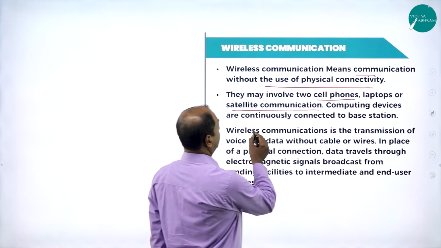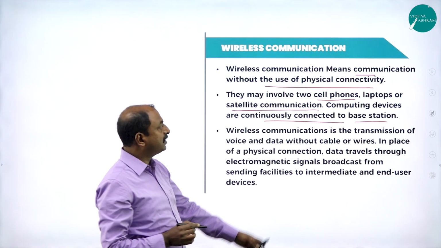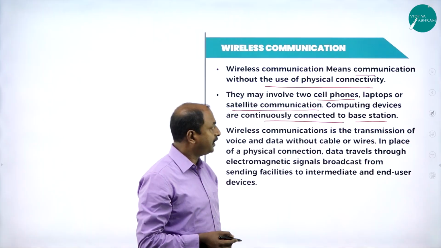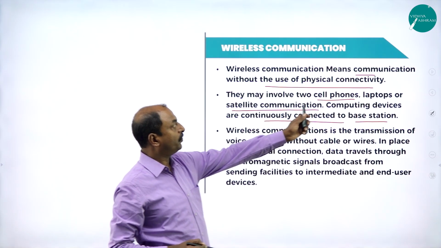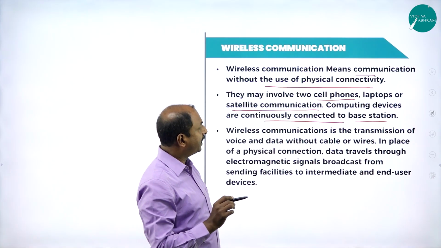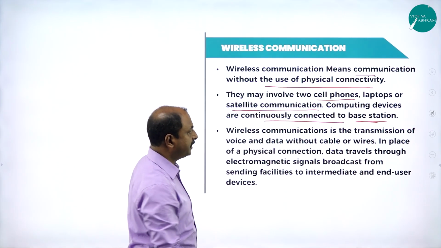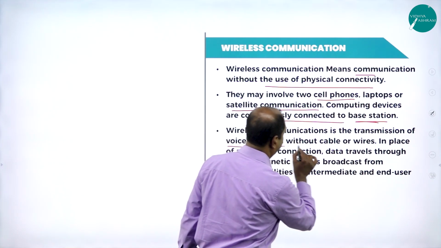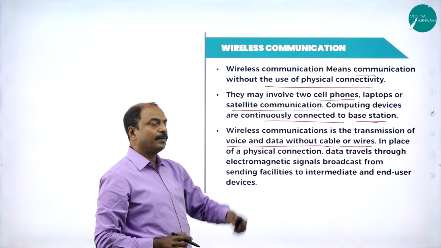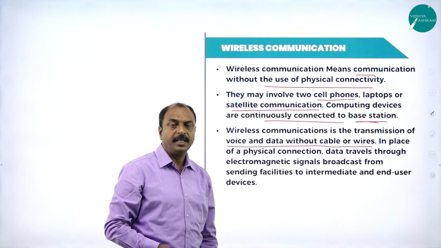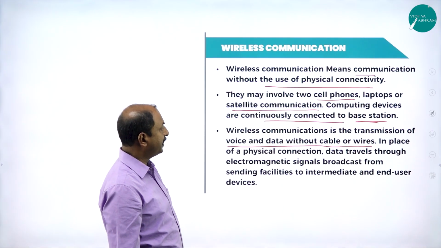And computing devices are continuously connected to the base station. So the concept here is, in wireless communication, all the devices like laptop and cell phone and so on are directly connected to a base station. Now wireless communication is the transmission of voice and data without cable or wires. As I told you in the beginning, there is no direct physical connectivity between two devices in the network.